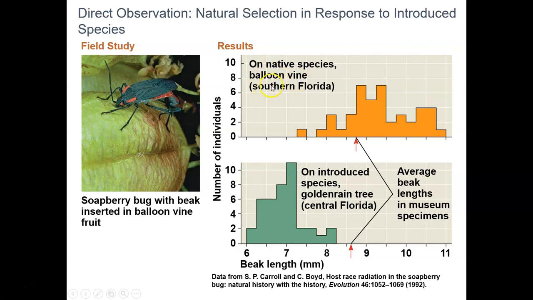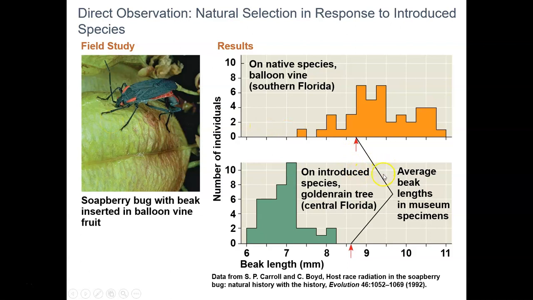Soapberry bugs that live in southern Florida and feed on the balloon vine have very long beaks that they use to insert into the fruit and access the seeds. In the balloon vine, the seeds are pretty deep within the fruit, and so the long beak on the bug is necessary to get to the seeds.